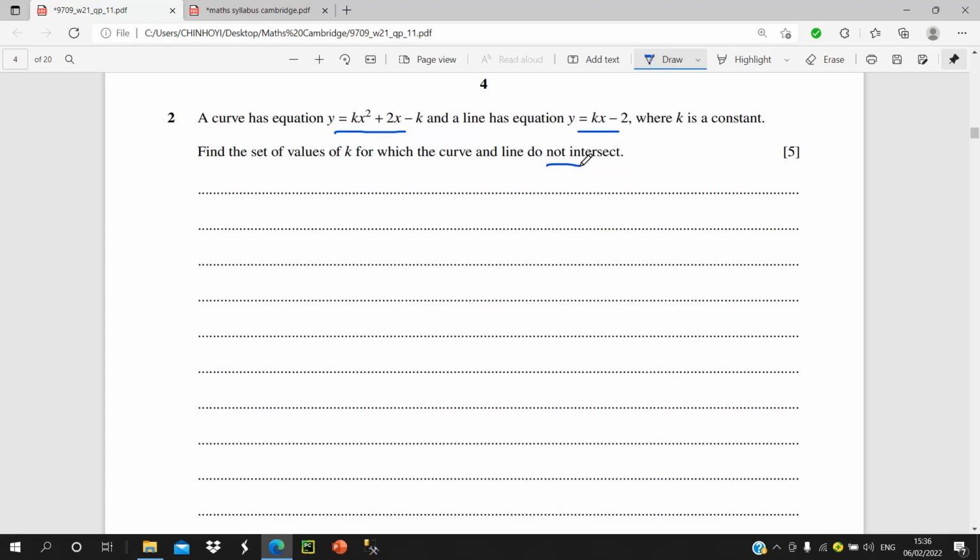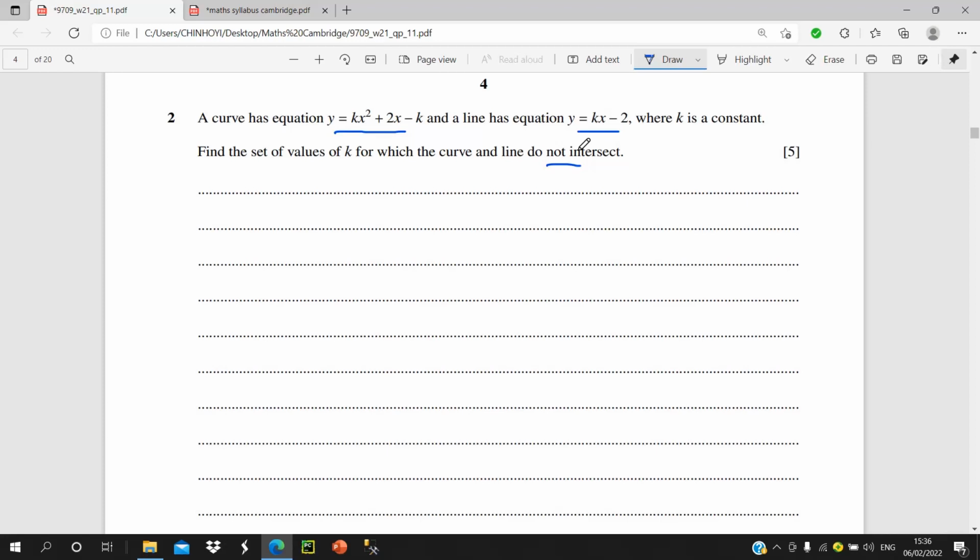So we have a curve and a line. If they don't intersect, it implies that when solving equation 1 and equation 2 simultaneously, you are going to get no answers. If they don't intersect, it means they have imaginary roots.